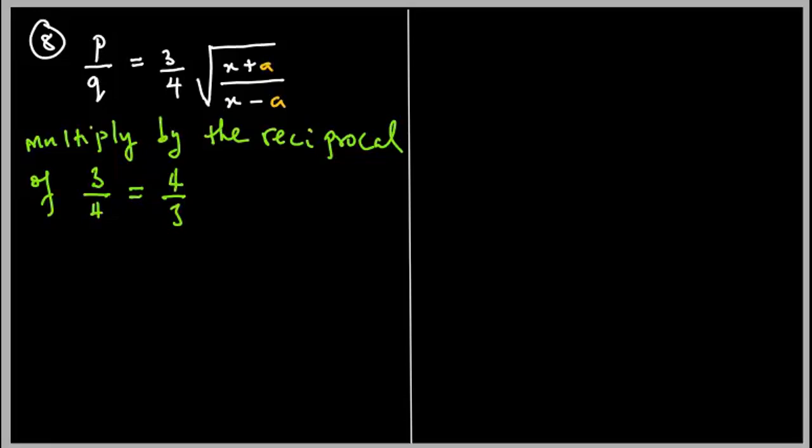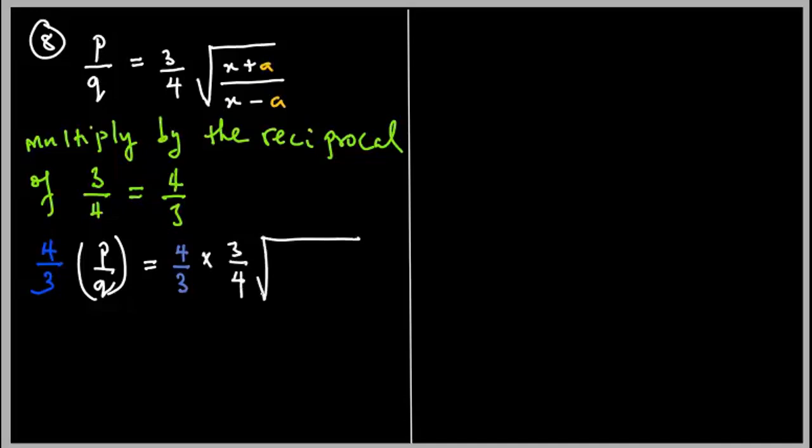So let's see, 4/3 multiplied by P/Q equal to 4/3 again being multiplied by 3/4 all square root of x plus a all over x minus a.